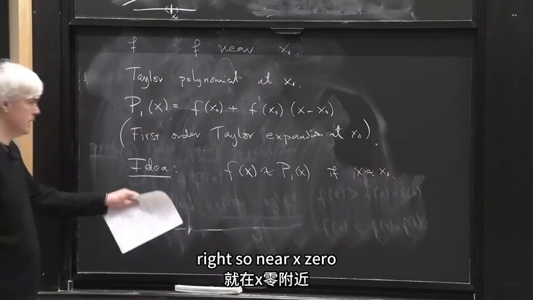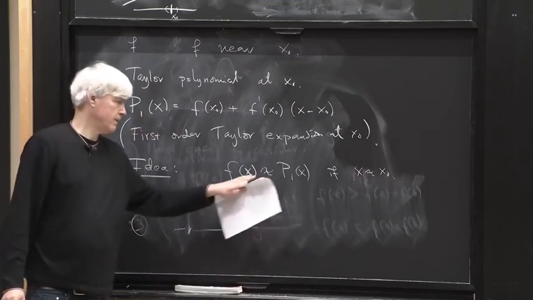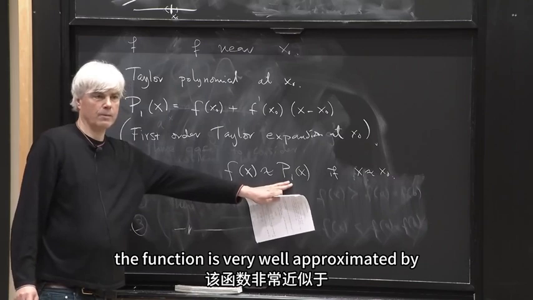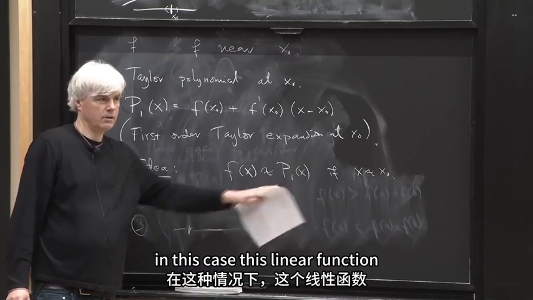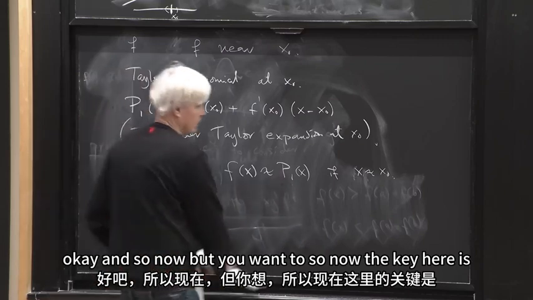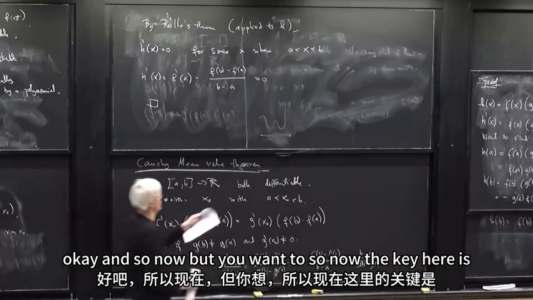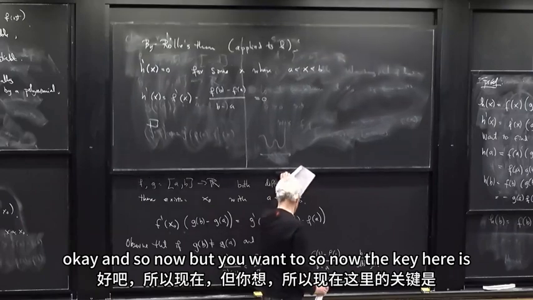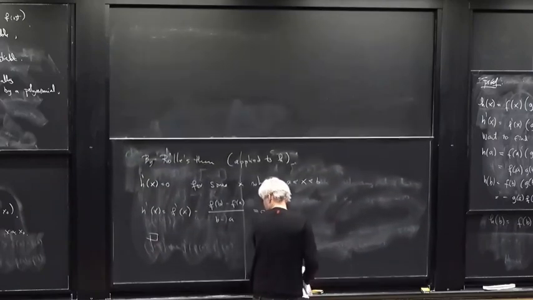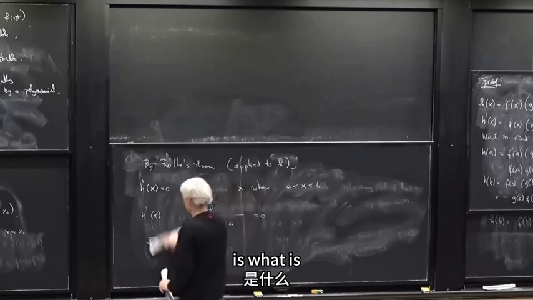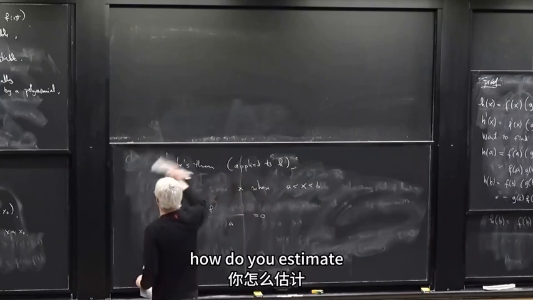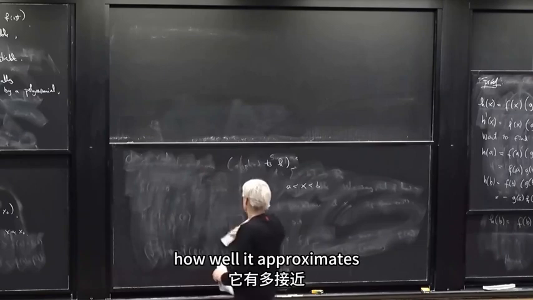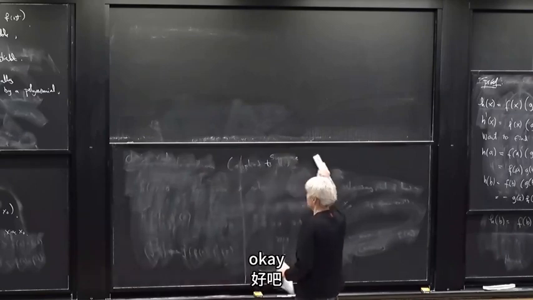So near x0, the function is very well approximated by, in this case, this linear function. And now the key here is how do you estimate how well it approximates?